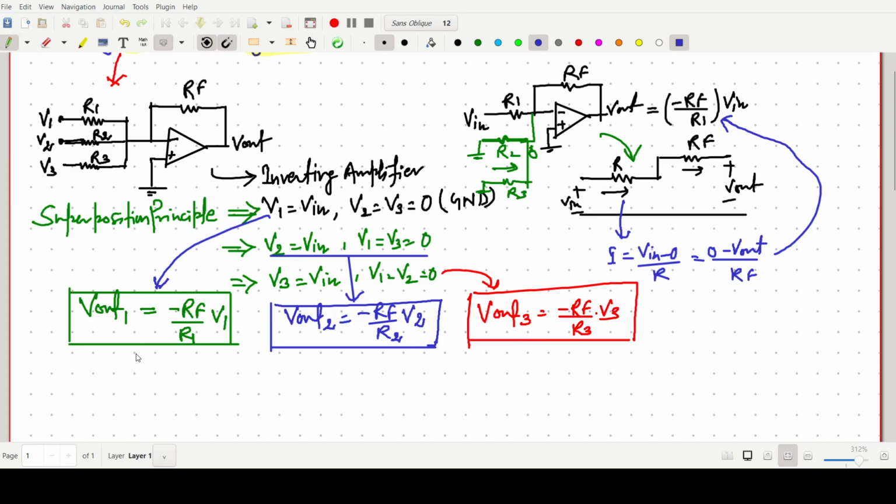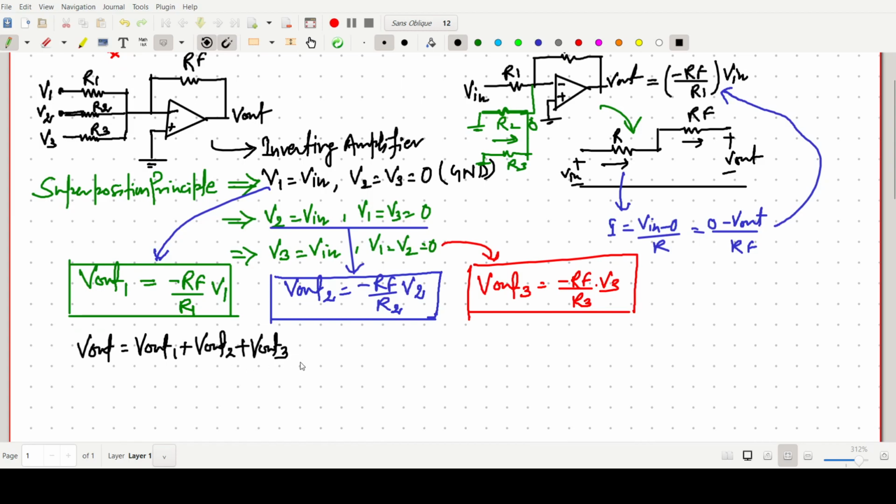So the overall output we can write as v output equals v output 1 plus v output 2 plus v output 3. Simple superposition principle.